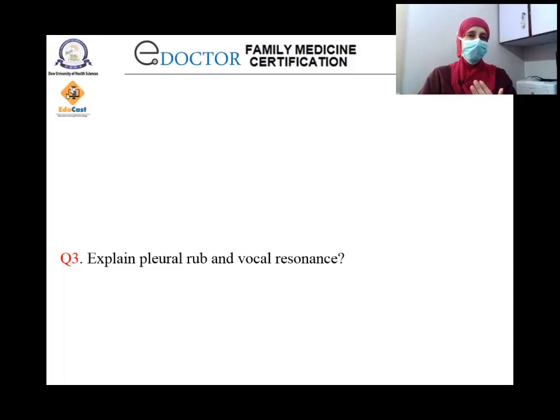Any condition that increases the vocal resonance means that there is an increase in the density, for example, there could be fluid in the alveoli. Any condition that decreases the vocal resonance would mean that there is more air. For example, vocal resonance is increased in conditions such as pneumonia and atelectasis, whereas it is decreased in conditions, for example, pneumothorax or emphysema.